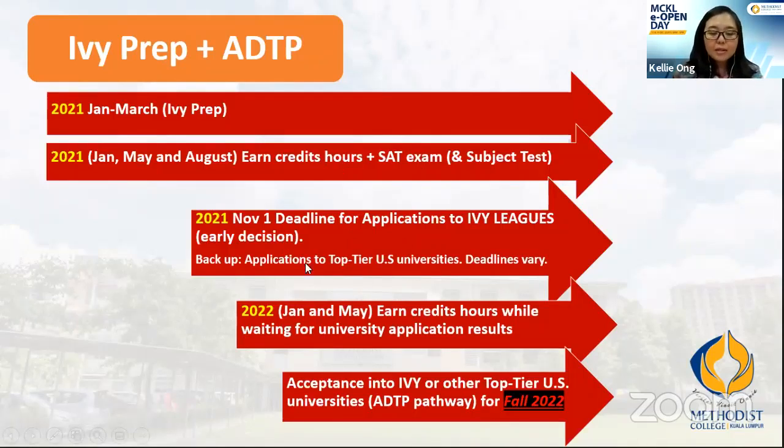And by the time students apply for universities, they can just submit their application. And then the following year in 2022, they continue earning credit hours while waiting for scholarship and university application results. Because students typically don't just apply to one university, they apply to a few more, students will be able to weigh the best option available. And then we'll see how it goes. And we'll just look forward to hearing good news from students where they get accepted to the university of their choice.